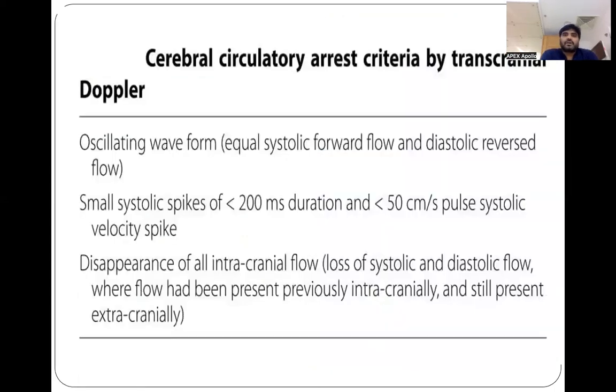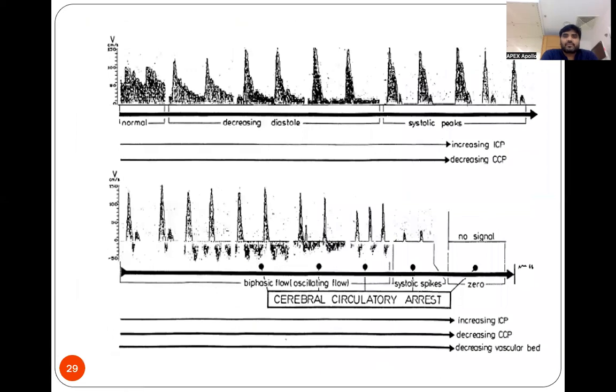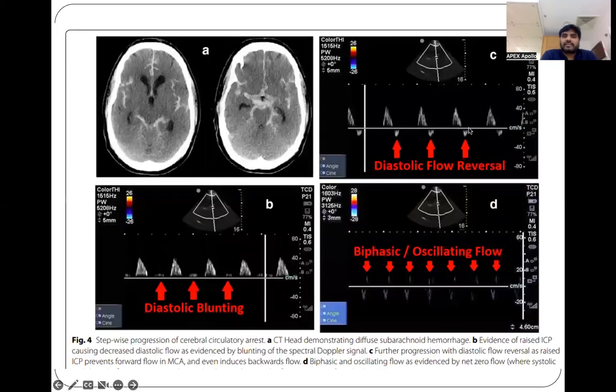Next, you can identify cerebral circulatory arrest by transcranial Doppler. The criteria include an oscillating waveform and small systolic spikes. The upper row shows systolic peaks and increased systolics, but there is no reverse flow; that means increasing ICP.